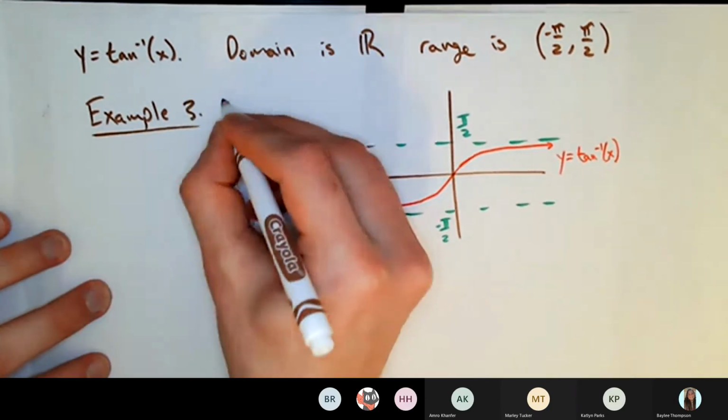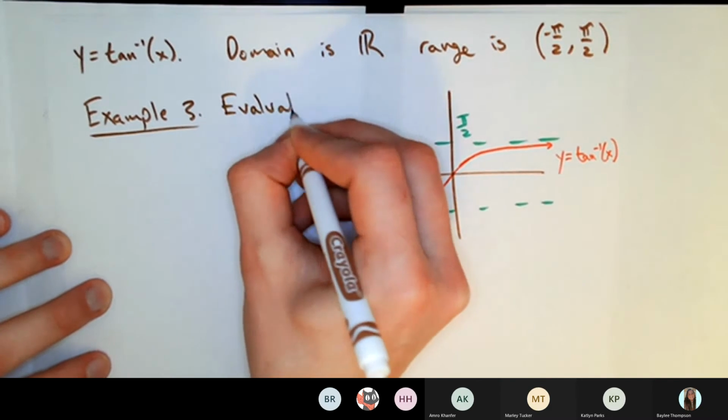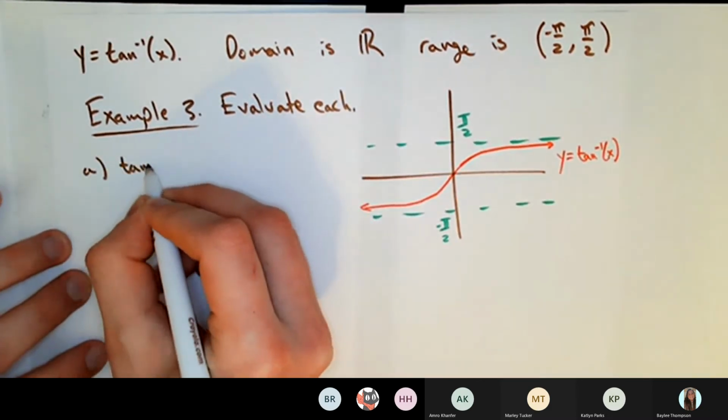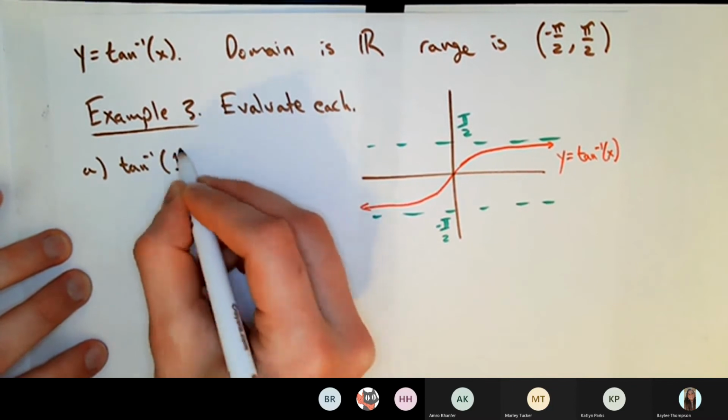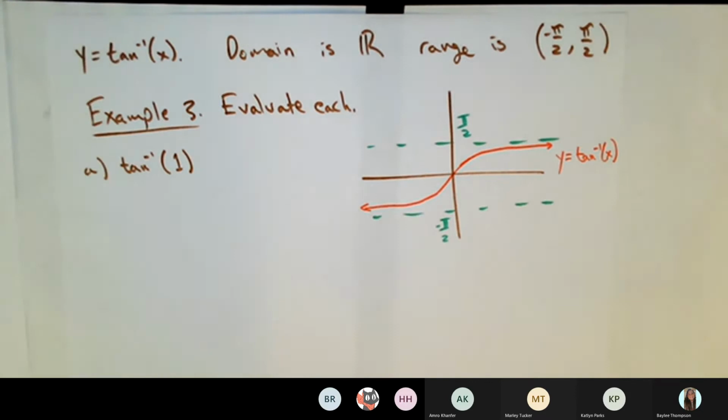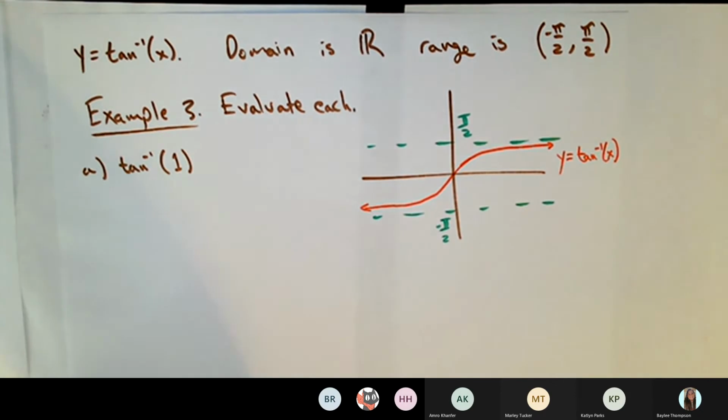What I am going to have you do is these over here. Evaluate each. Tangent inverse of 1. Okay, so again, what are we doing here? I'm asking a question of what angle is going to give you some relationship.